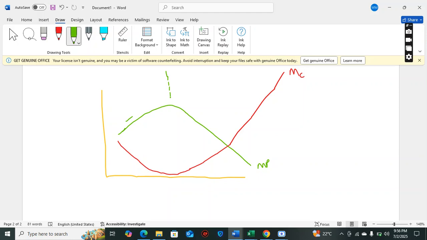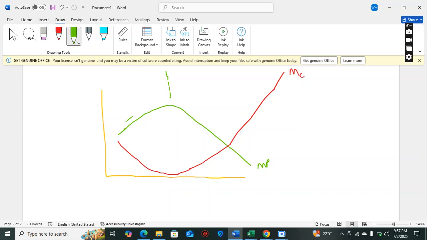Any questions? So as marginal product increases, each worker is bringing more productivity into the business. That productivity translates to more revenue. So they're bringing in more money than they are costing you.